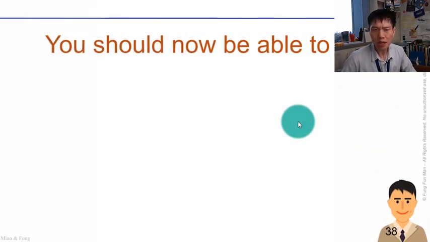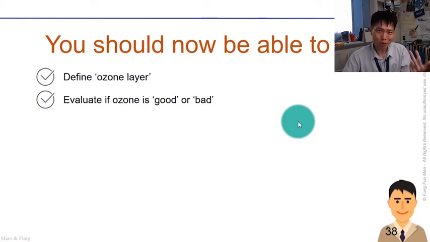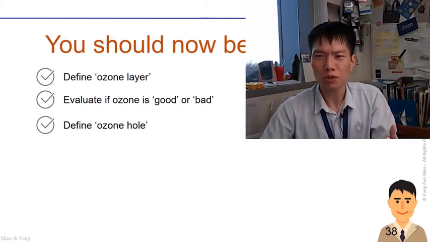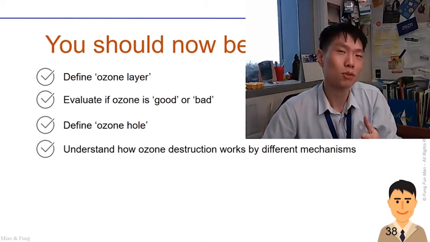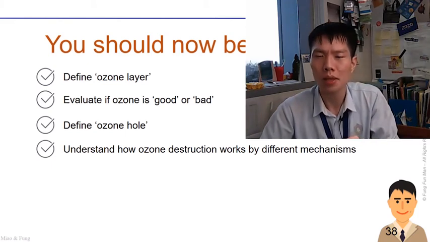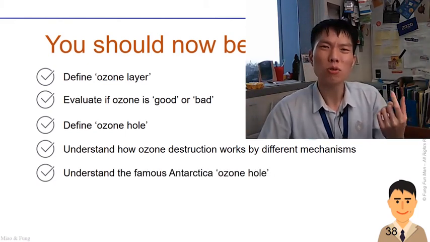At the end of this chapter, I just want to summarize that you should now be able to define what the ozone layer is, what the ozone hole is, whether ozone is good or bad, and how ozone destruction works by the different mechanisms. We didn't talk about just one, there were a few. At least remember 3 of them. Know what is meant by the very famous Antarctica ozone hole.